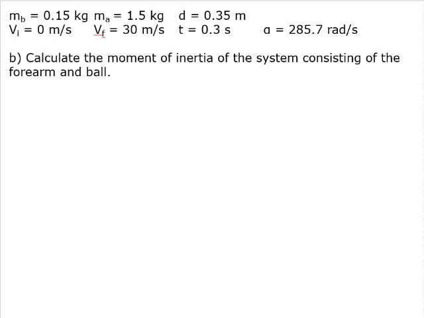As we move to the next part of the question, I've brought down all of the variables that we know. It says calculate the moment of inertia of the system consisting of the forearm and ball. One of the things we want to think about here is, what does this system actually look like? This is a very simplified version. This would be the elbow of our pitcher, so that's going to be my axis of rotation.